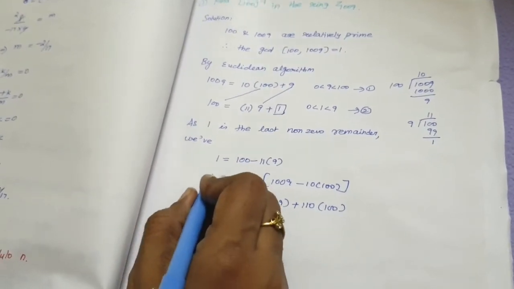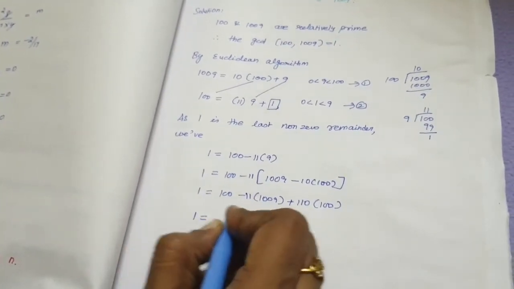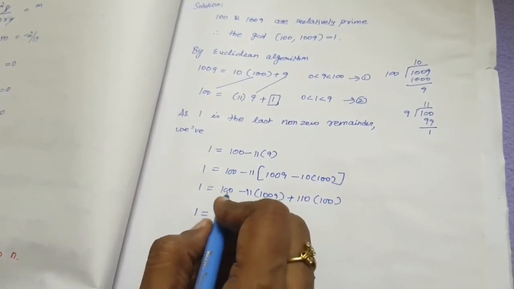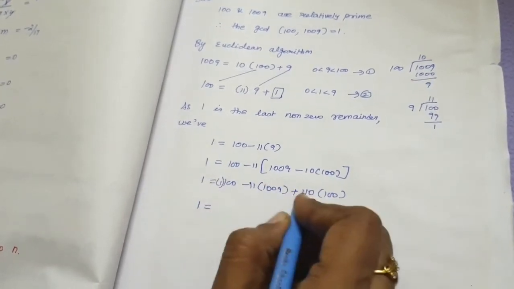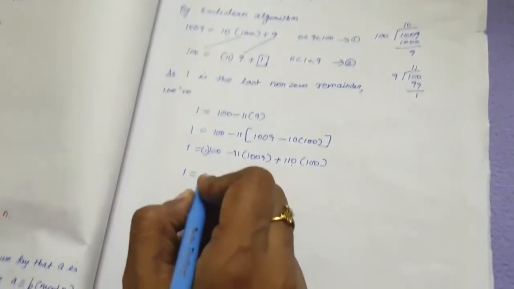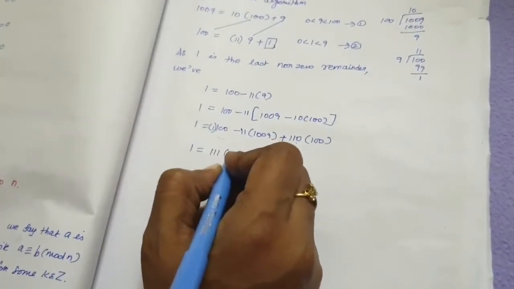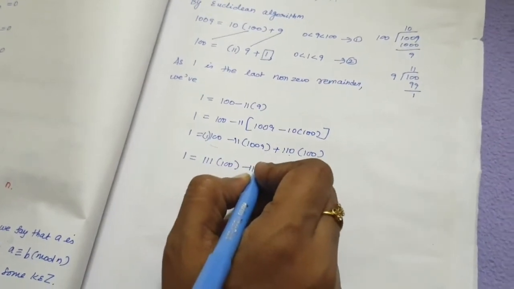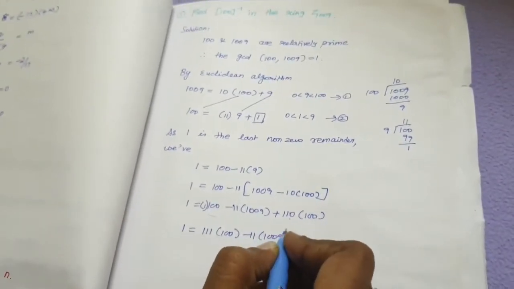So we also have 1 times 100 and 110 times 100. When you add these two, we get 111 times 100 minus 11 times 1009.